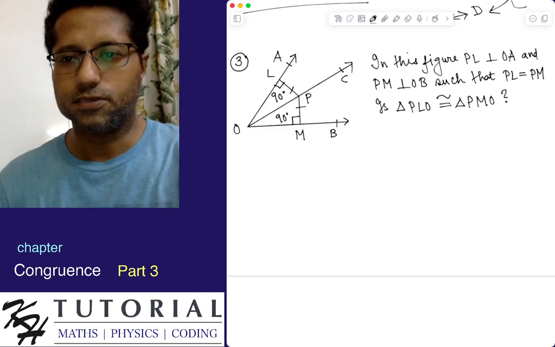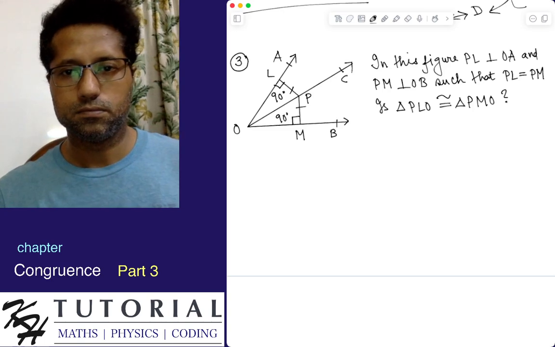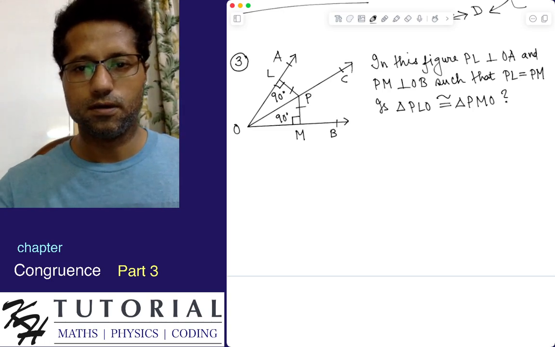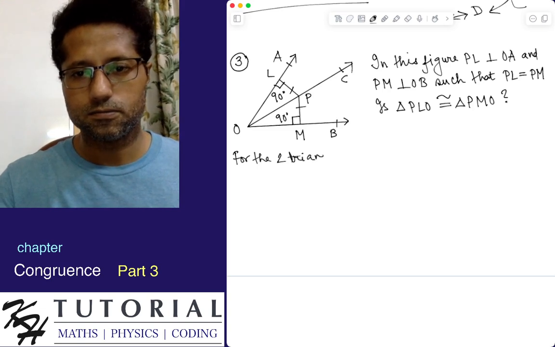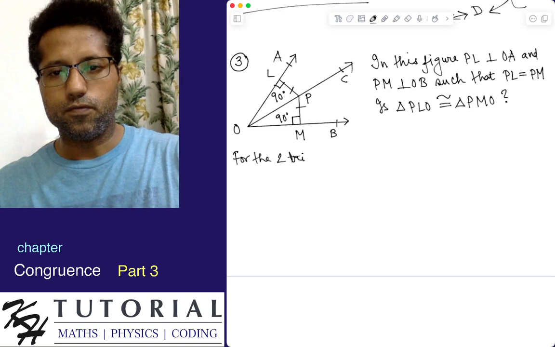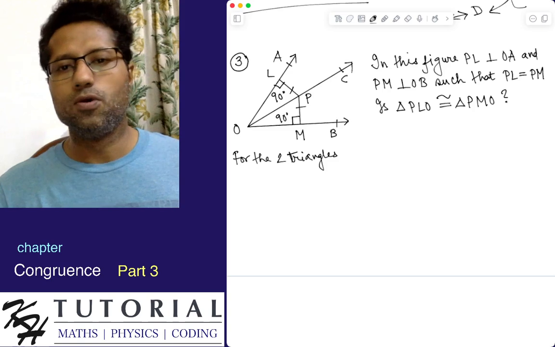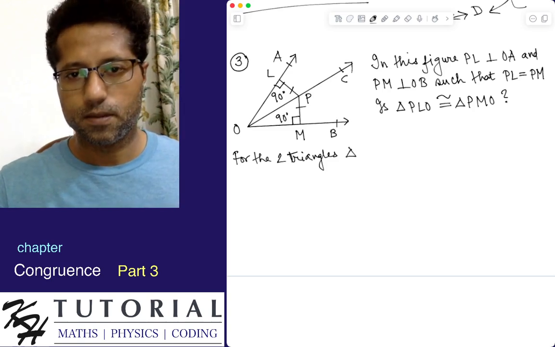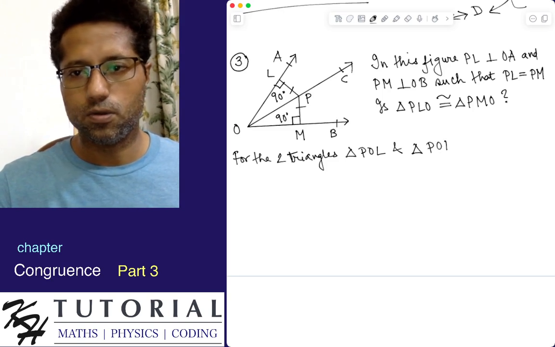Now let's see what information we can derive. So consider the two triangles POL and POM.